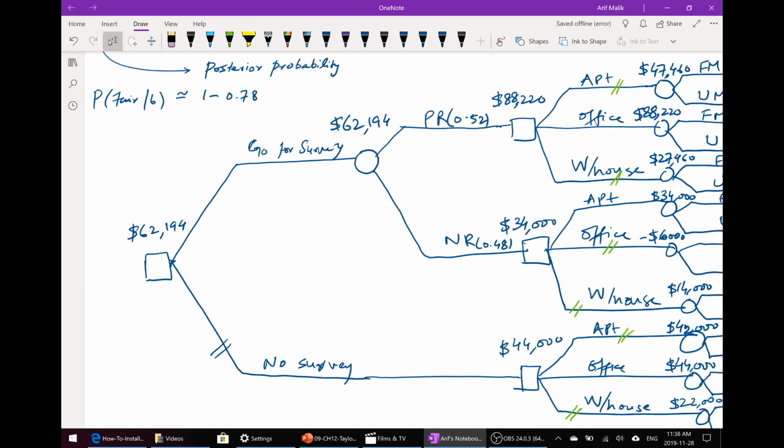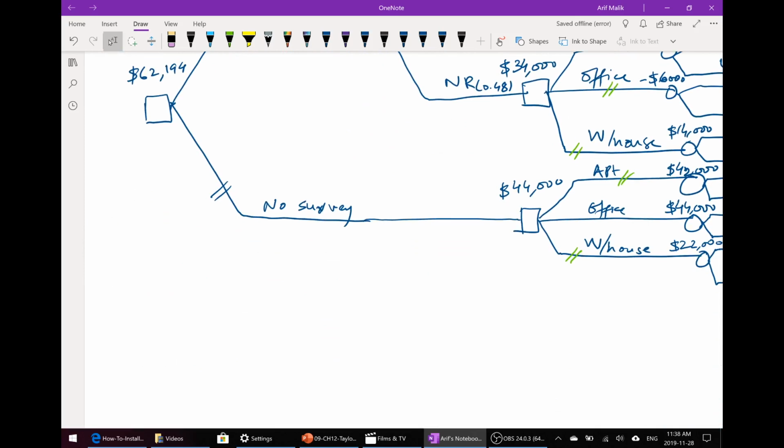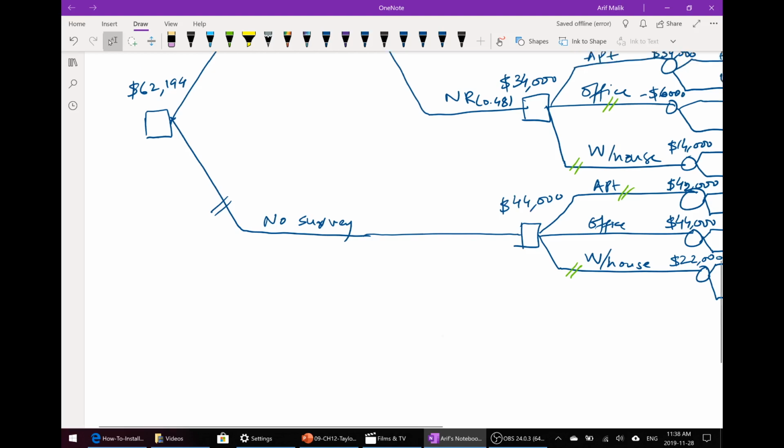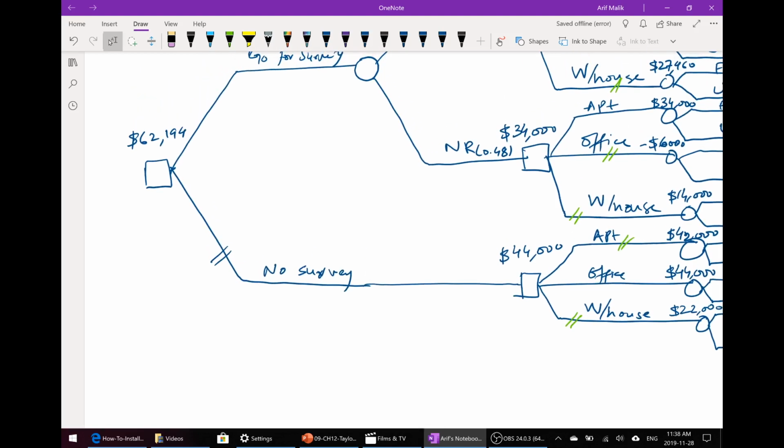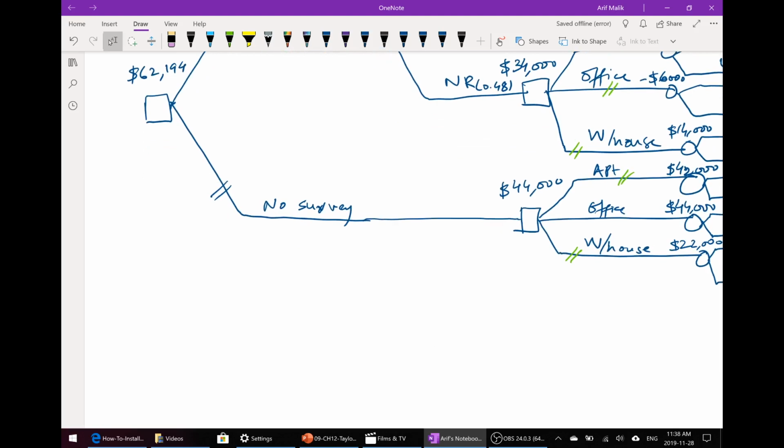Now, what if the consultants want to charge us $20,000? Should we pay them? That will come from the expected value of survey information. Like we have done expected value of perfect information, this can be found from expected value of survey information.